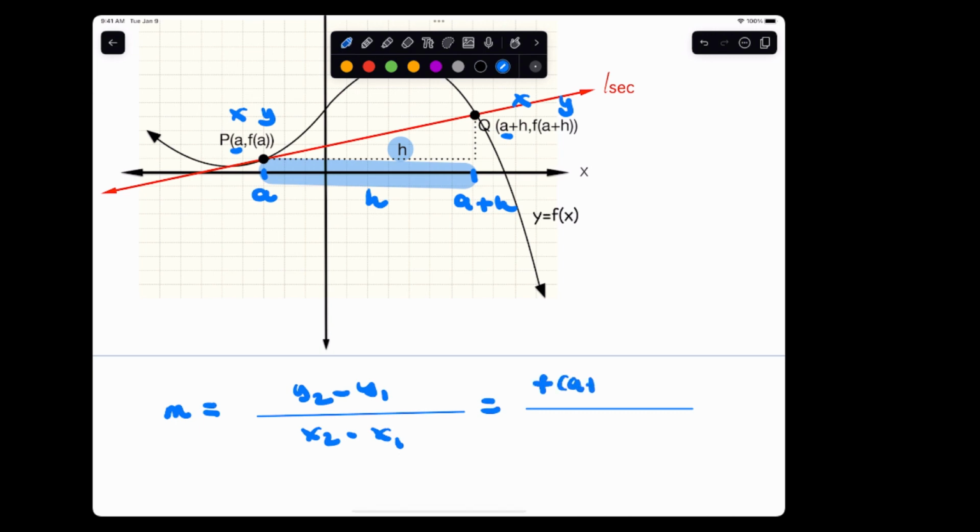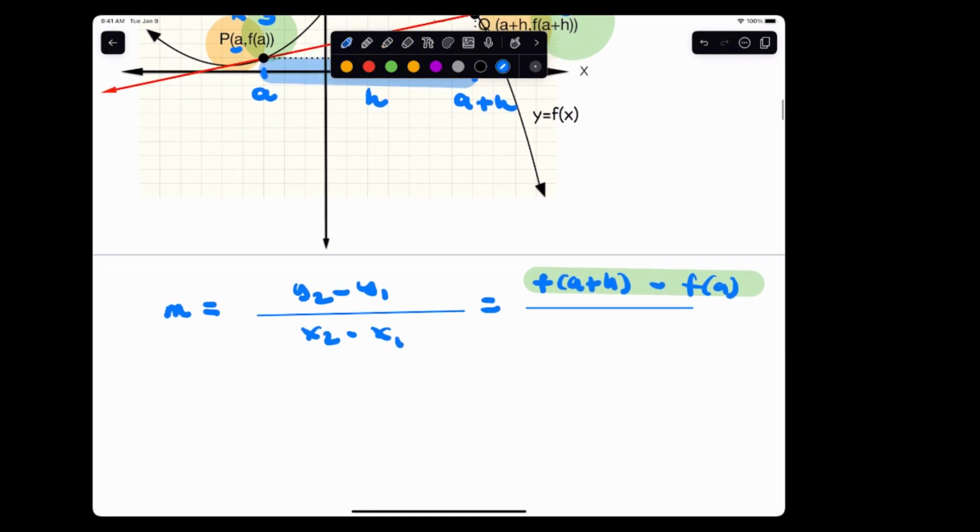F of A plus H minus F of A. These are the y coordinates, maybe I'll just use the green for the y coordinates. Okay, you guys see that's the green. And then what do you guys see over here? This is the x coordinates. So here's what I want to show you guys. This is now A plus H minus A. So you now have the x and y coordinates.